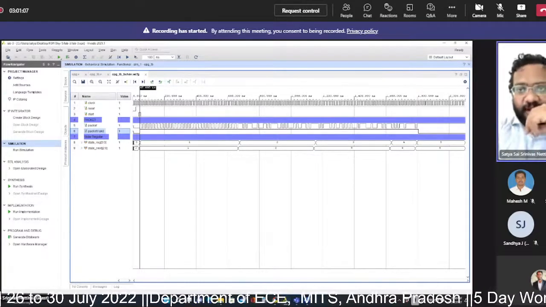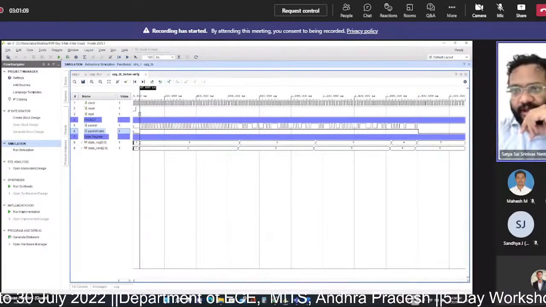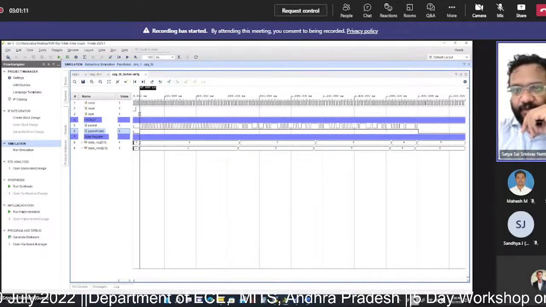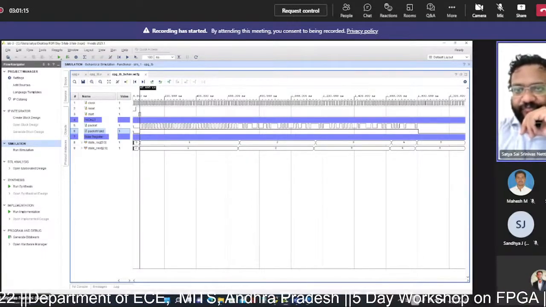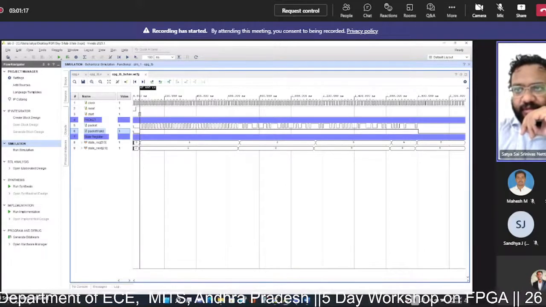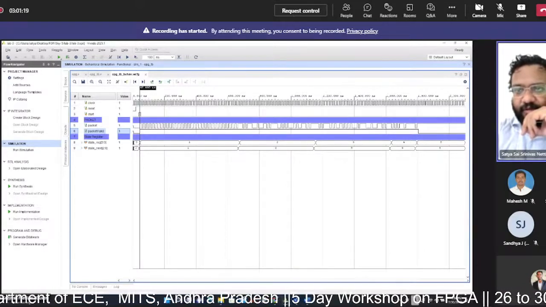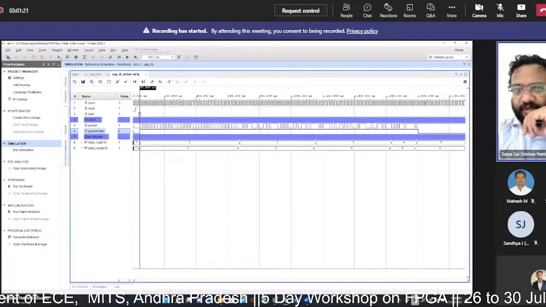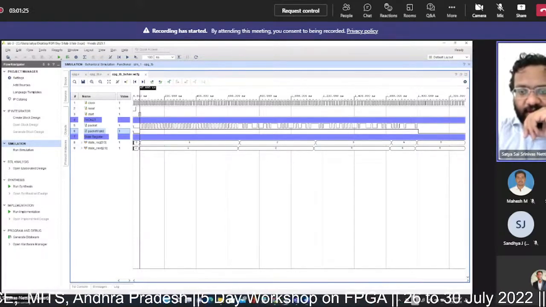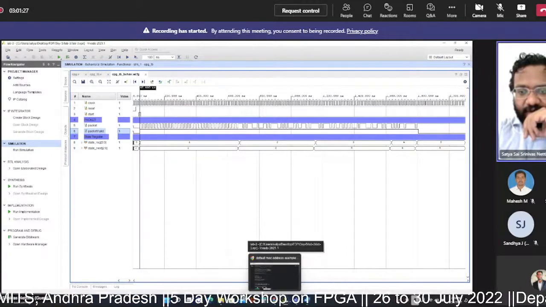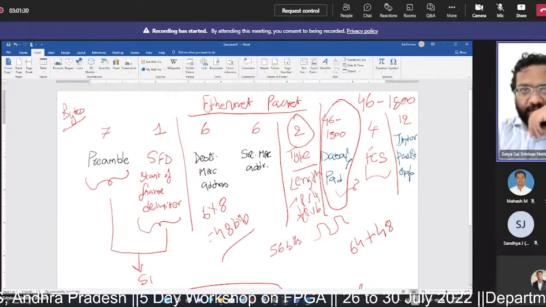More or less, the flow is very important: the design flow, the procedure of preparing your hardware module, the way of execution, everything that is of main importance. So I think I have covered significantly with respect to the Ethernet packet.